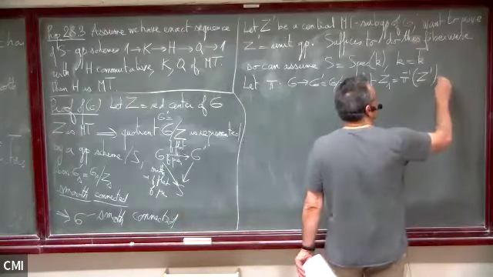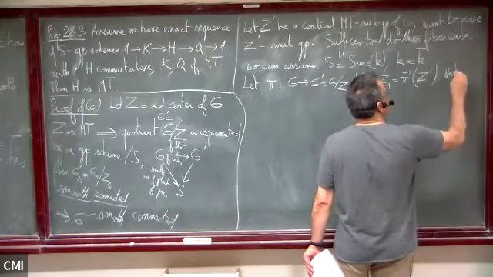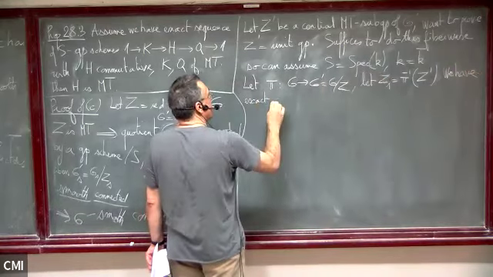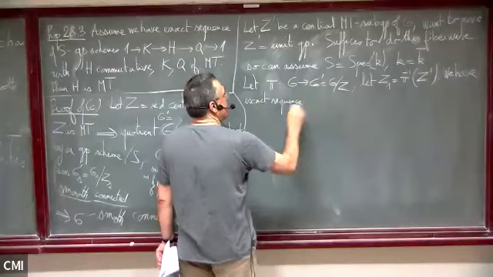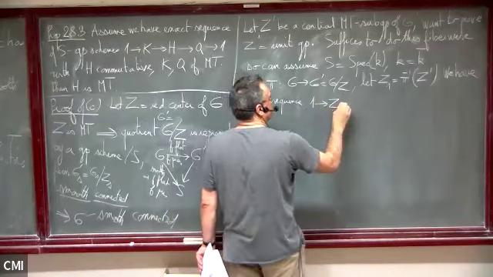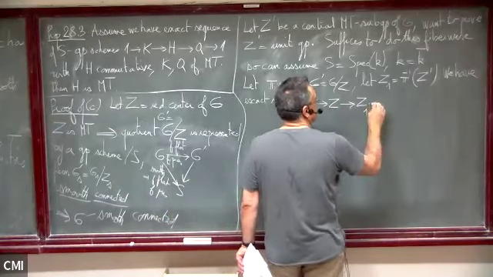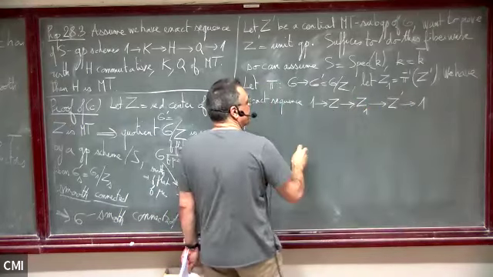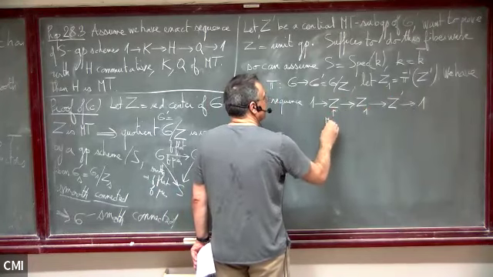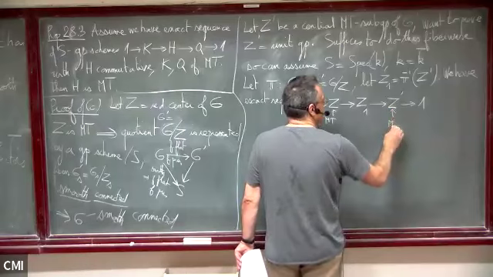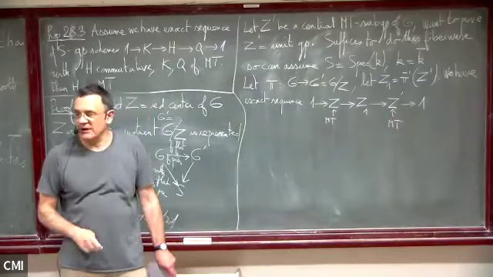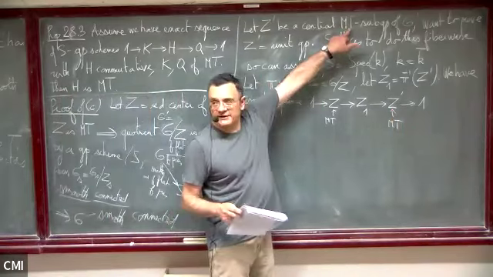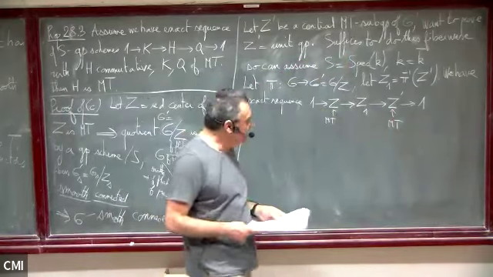And so by definition, we have an exact sequence like that. And by assumption, Z and Z prime are groups of multiplicative type. This is the assumption on Z prime, and it was also the assumption on Z.